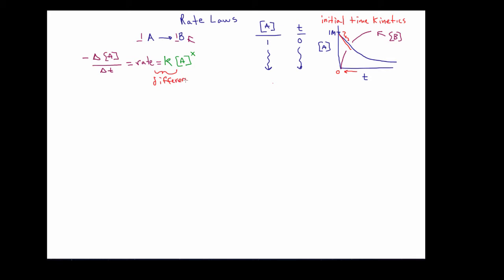And what it does, let me just write this down, so differential rate law, and what this does is it relates the concentration to rate. So it tells us how the rate of the reaction is being affected by the concentration of A. So let's go ahead and put this in here.